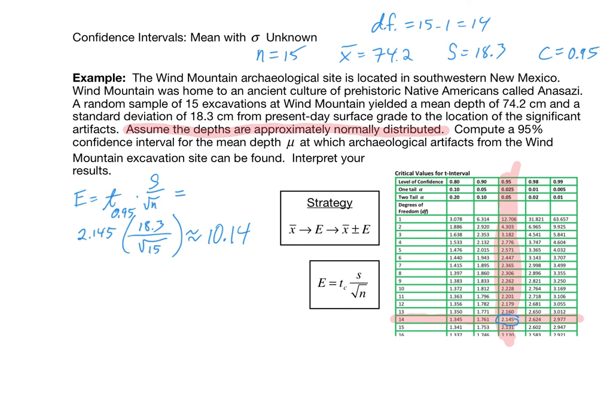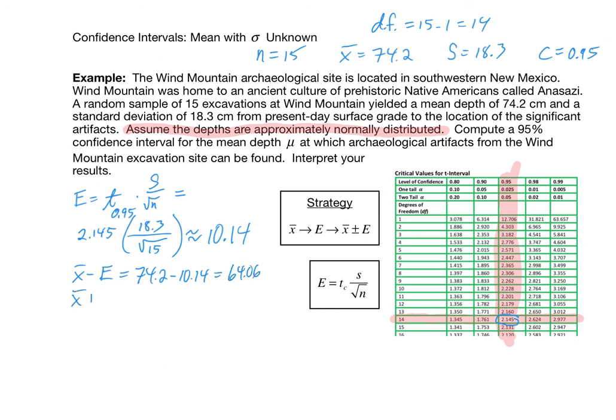Once you've computed the margin of error, we need to subtract and add the margin of error from the sample mean. So we're going to do x bar minus E, which is 74.2 minus 10.14, which comes out to be 64.06.